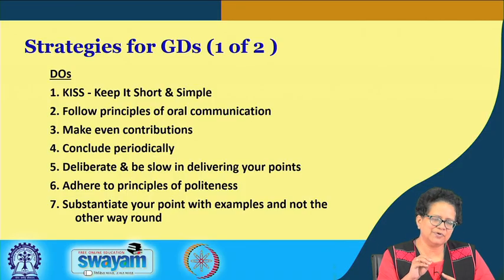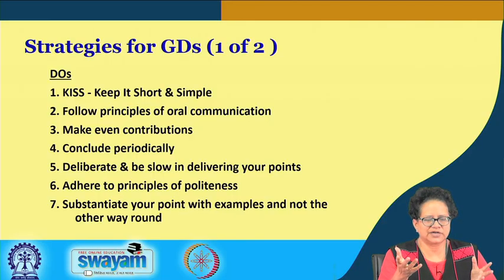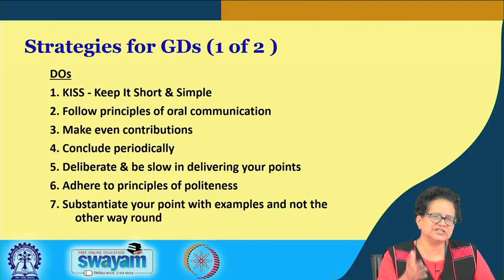Then your example is, let us say, the Taj Mahal, one of the wonders of the world which is located at Agra in our country. Let us say that you can give the example to this point of pollution, or let us say industrial pollution is impacting heritage structures negatively.